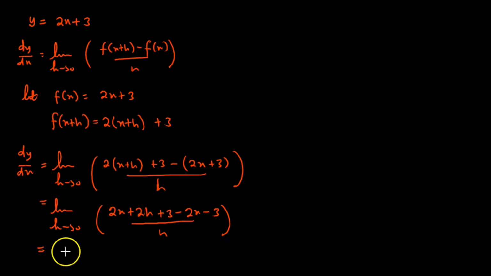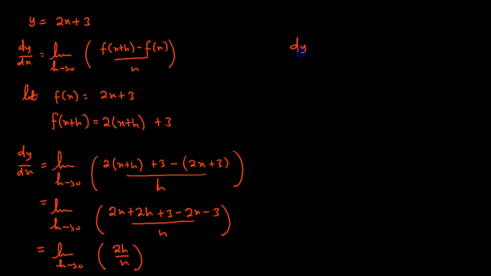Going further, we are going to obtain limit as h approaches 0 for 2x, we can subtract 2x here, and that gives us 0. Positive 3 also does away with negative 3, and that gives us 0. And therefore, we are left with 2h on h.